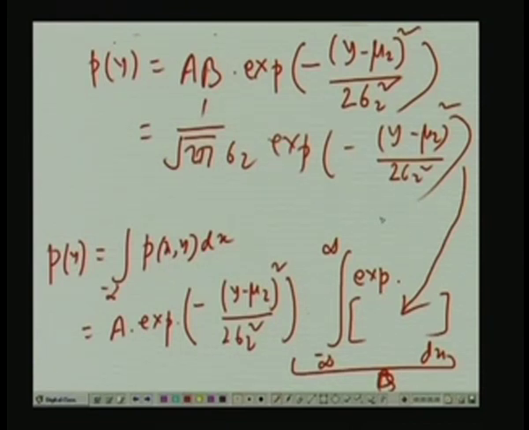Okay. So, it is clear that mu 2 is the mean. It is clear that P y, the marginal probability density of y, is Gaussian with mean mu 2 and variance sigma 2 square.